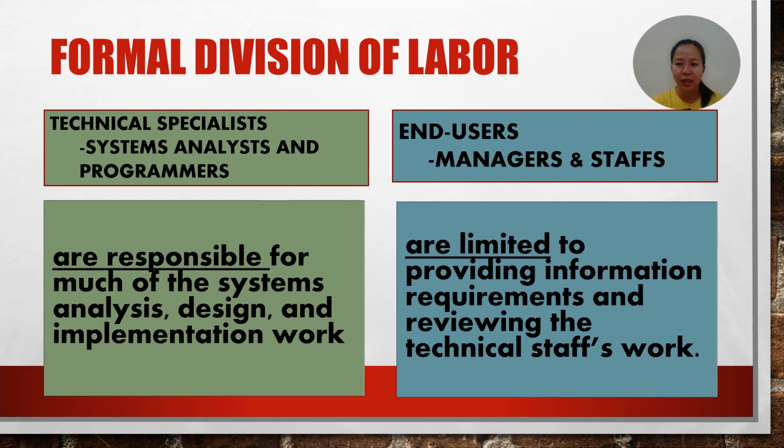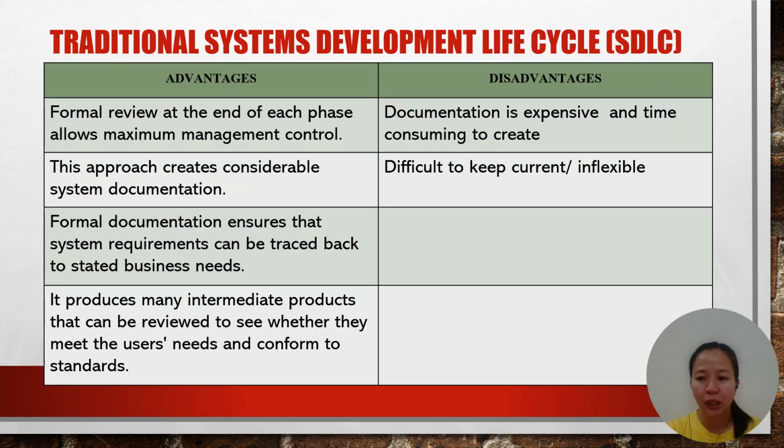The system lifecycle methodology, advantages and disadvantages. The advantage is that formal review at the end of each phase allows maximum management control, while the disadvantage is that documentation is expensive and time-consuming to create.